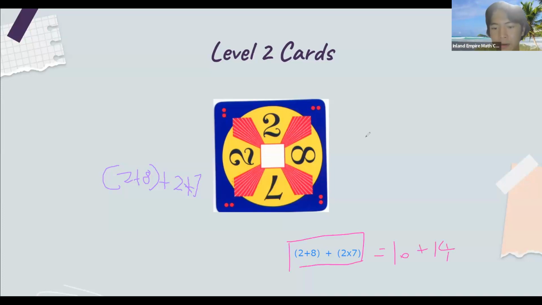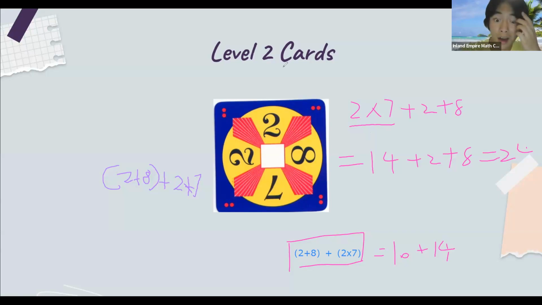But if you just leave the parentheses out, you'll still get the same thing. By the order of operations, the multiplication would still go first. So you'll still have 14 plus 2 plus 8, which still gets you 24. Well, good job, everyone. Now let's move on to the third puzzle.